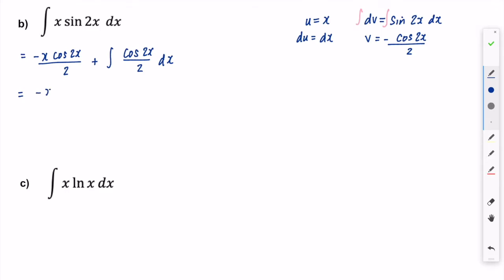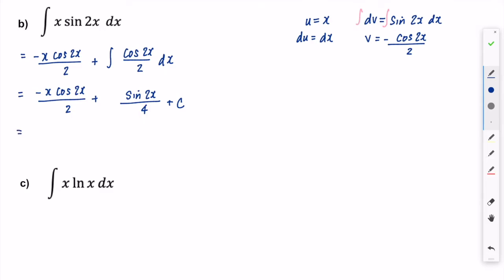I have negative x cos 2x over 2 plus, now I'm going to take the integral of cosine 2x dx and then divide it by 2. Okay, I know that the integral of cos 2x involves sine 2x over 2, but combining with that over 2 that we had already, this is what we have, right?